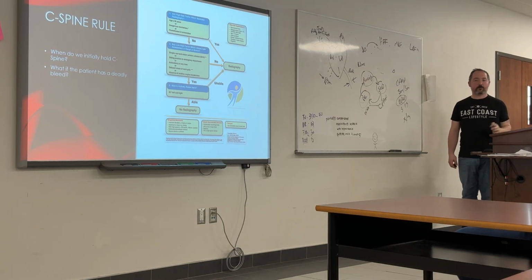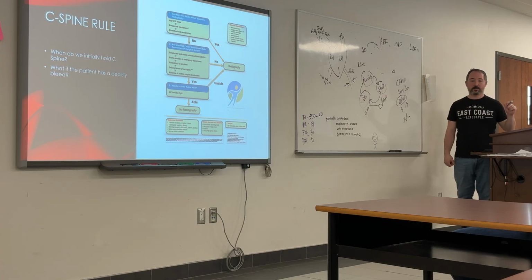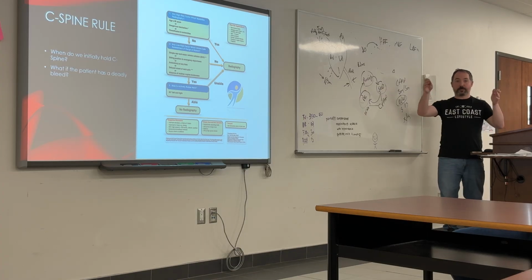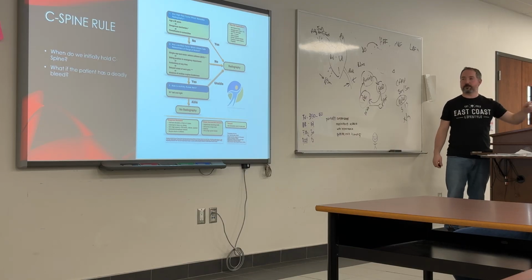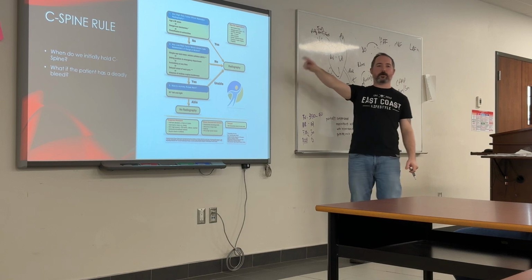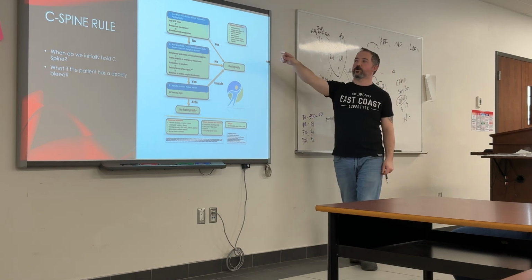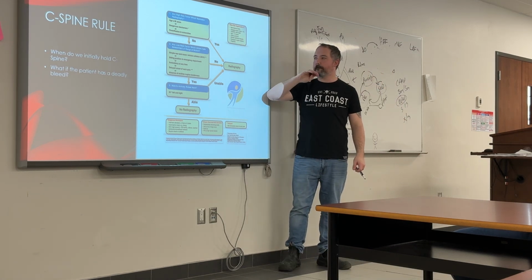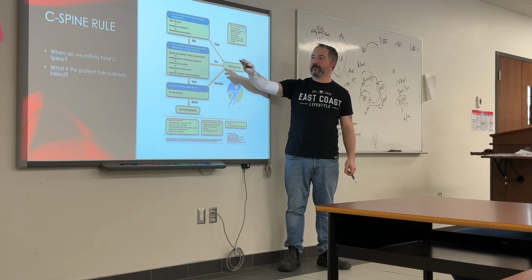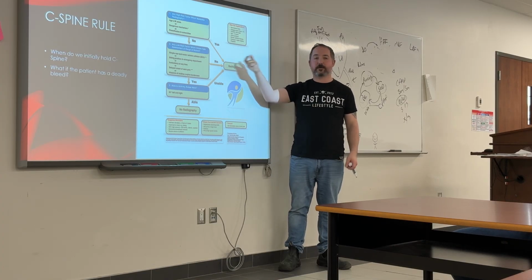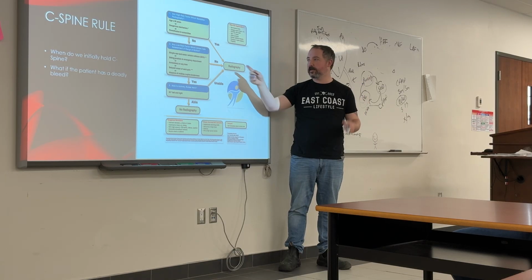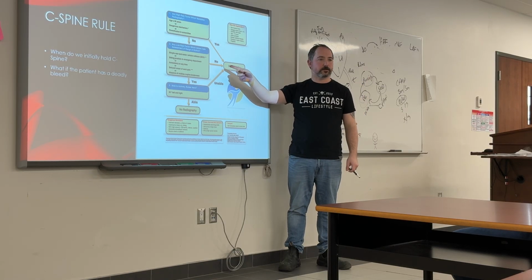If they don't have one of those high risk injuries and they don't have one of the low ones, then it must be something kind of in the middle, so they probably need an X-ray or a CT. Does that make sense? Because with the yeses and nos, some people get really confused. We're trying to find if they have a high risk one, or if they don't have a low risk one. If they don't have a low risk, then they must have something in between a high risk and a low risk. So let's get a collar.